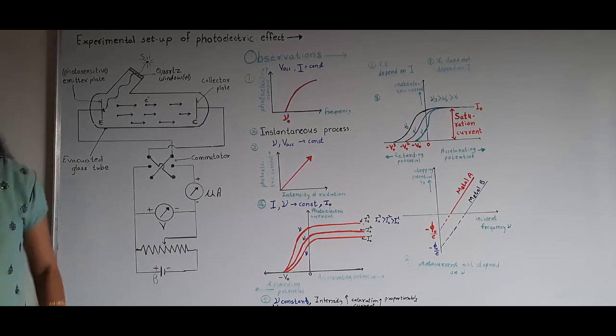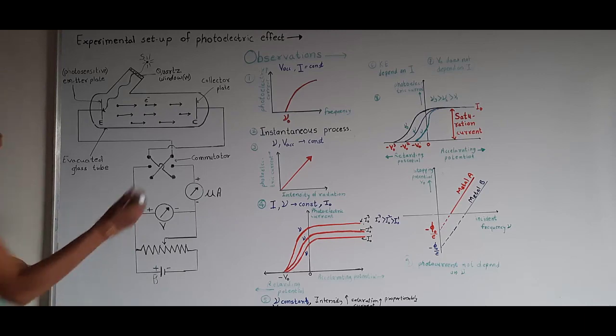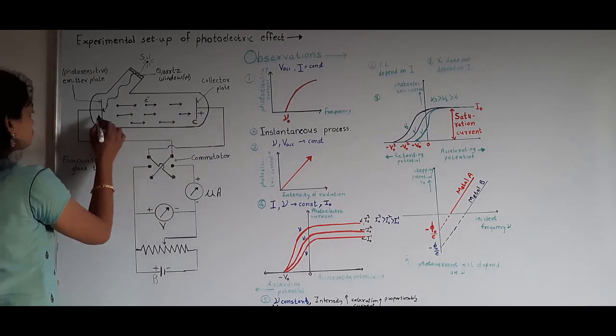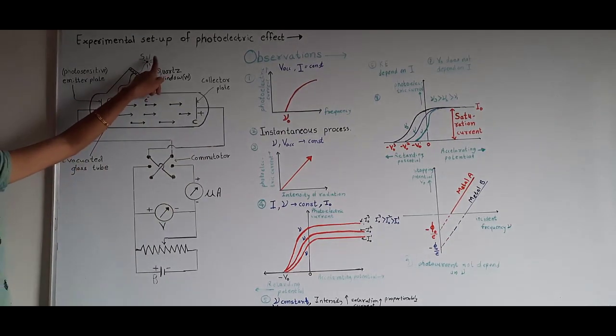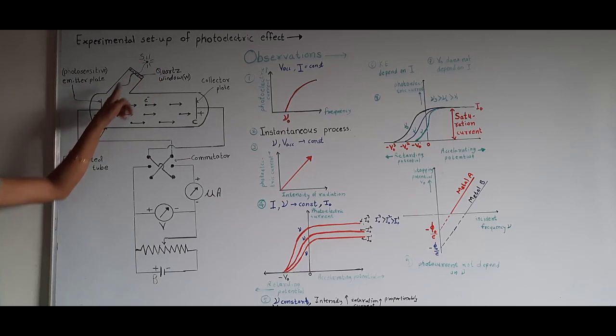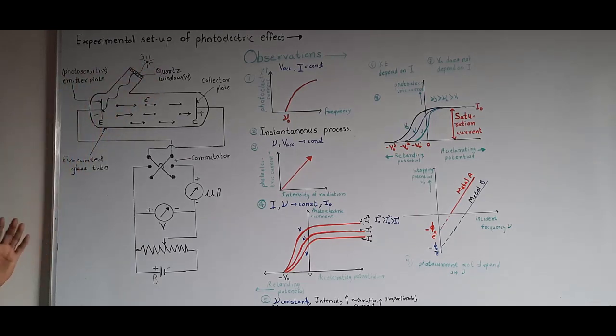Suppose some positive potential is given to the collector and the intensity of the source is kept constant, meaning the distance between the emitter and source is constant. At that time, what happens?